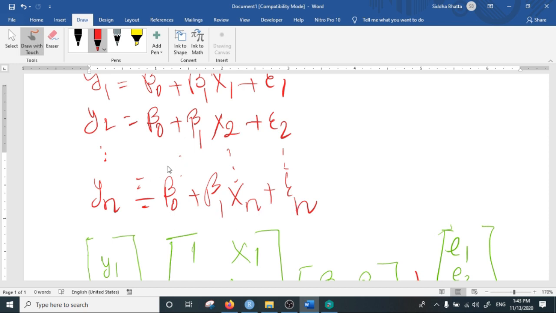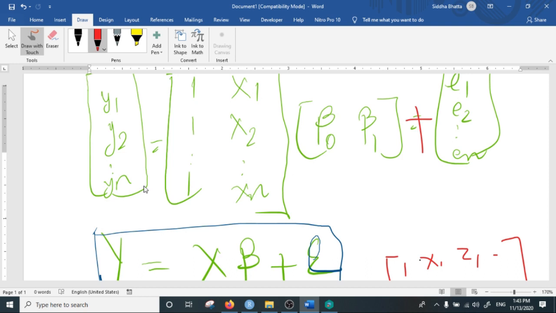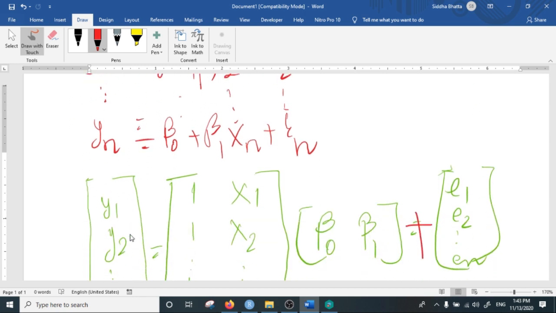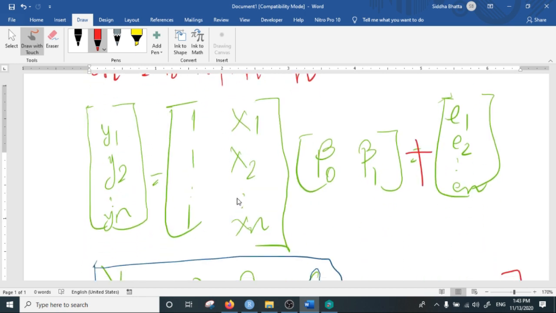We can write this in compact form by keeping the values of y in a y vector, and by compacting this expression into the matrix of the independent variable and the column of ones.